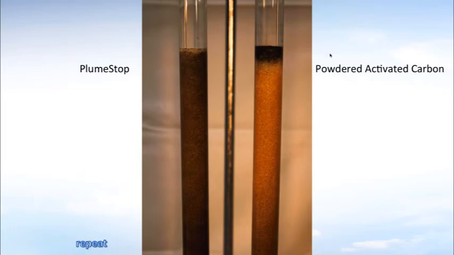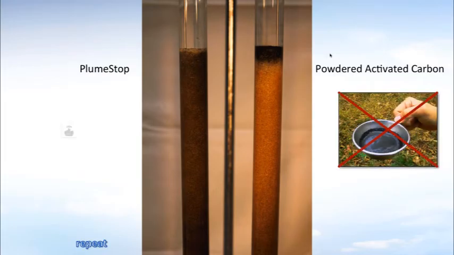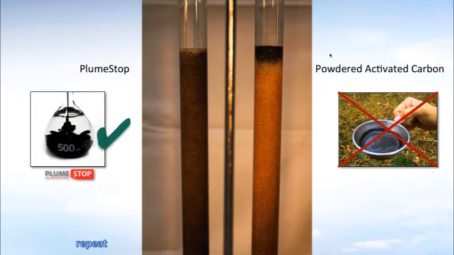That's essentially the difference. So the difference between powdered activated carbon and PlumeStop is essentially the difference of delivery into the formation. One will block and clog and will require fracturing in if it's going to be used. PlumeStop will disperse freely, flow like water, and leave a coating.